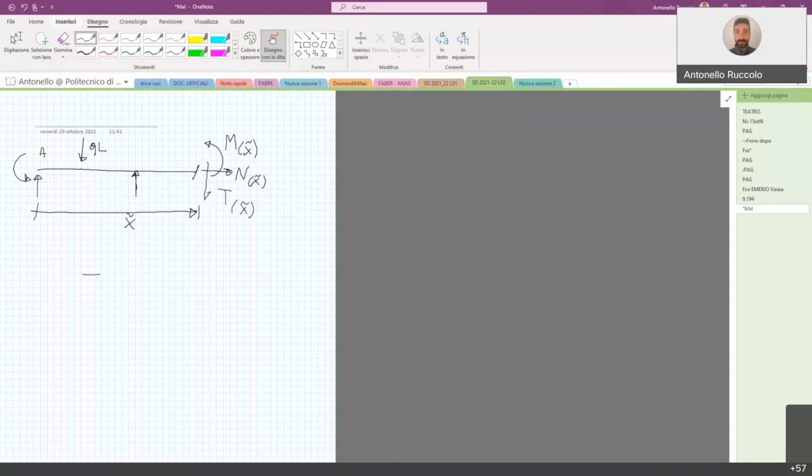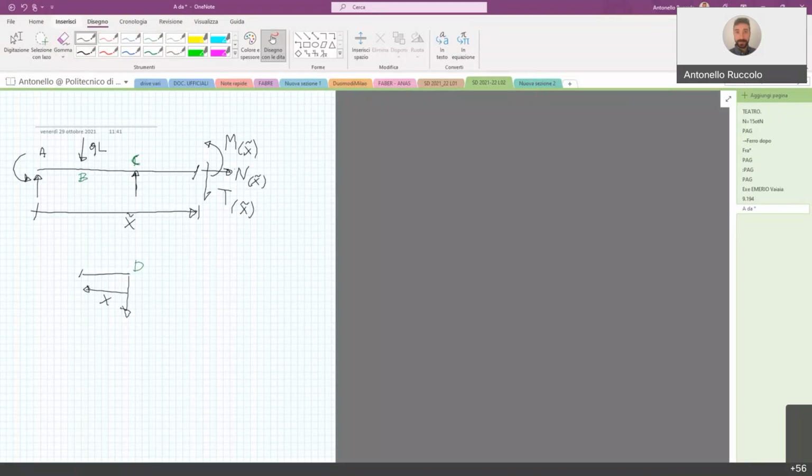You have the other possibility to start from node D. This was B, this is C. Okay, if you start from D, well, that's much easier because we have only the vertical reaction in the node D, which was equal to something that we computed before.